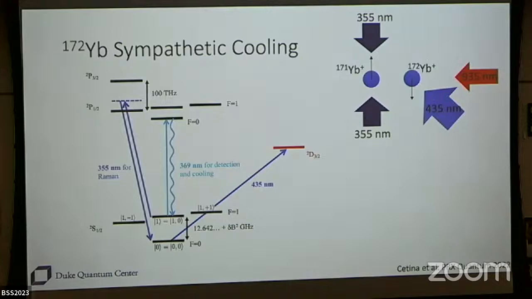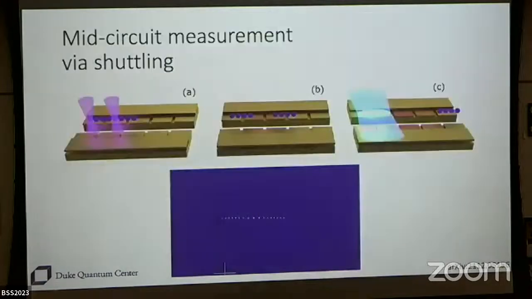And we can use that to essentially do Doppler cooling or sideband cooling without affecting the internal state of the 171. So this is commonly done with ytterbium and barium, for example. And in this case, we're using 2 different isotopes instead of 2 different atoms. So that's something that has been kind of in the works, adding to the blue system.